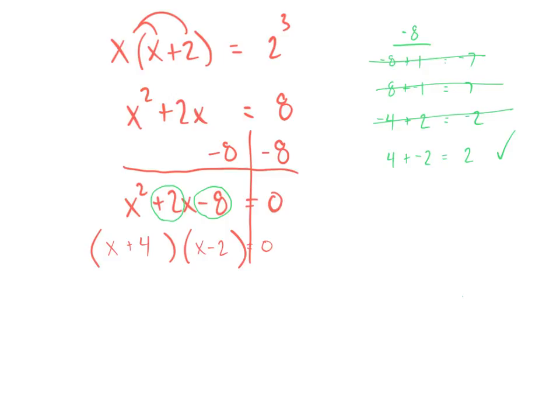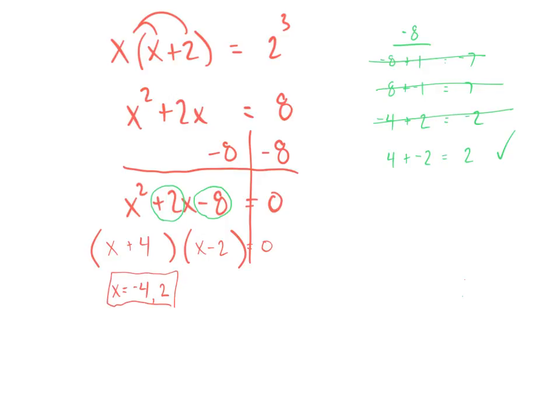Now, if x plus 4 equals 0, then x equals negative 4 is one of my solutions. And if x minus 2 equals 0, then x equals 2 is one of my solutions. I don't have to write it like that. I can just write that our solution is that x equals either negative 4 or positive 2.